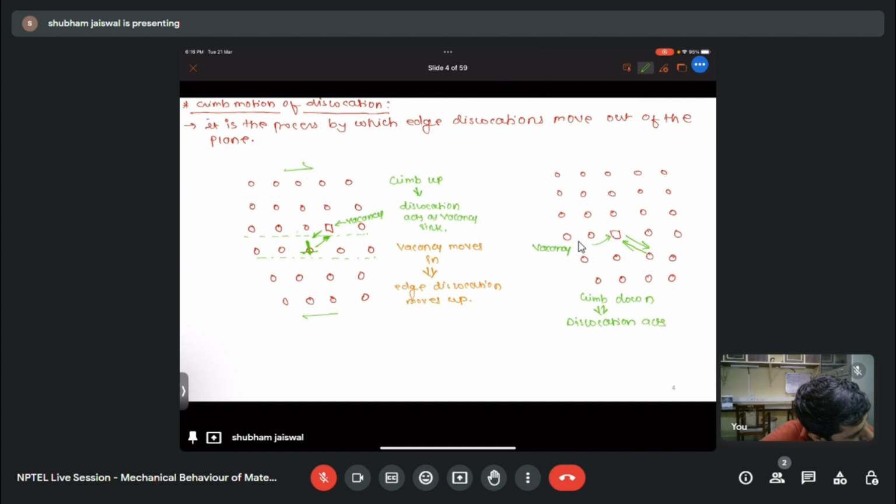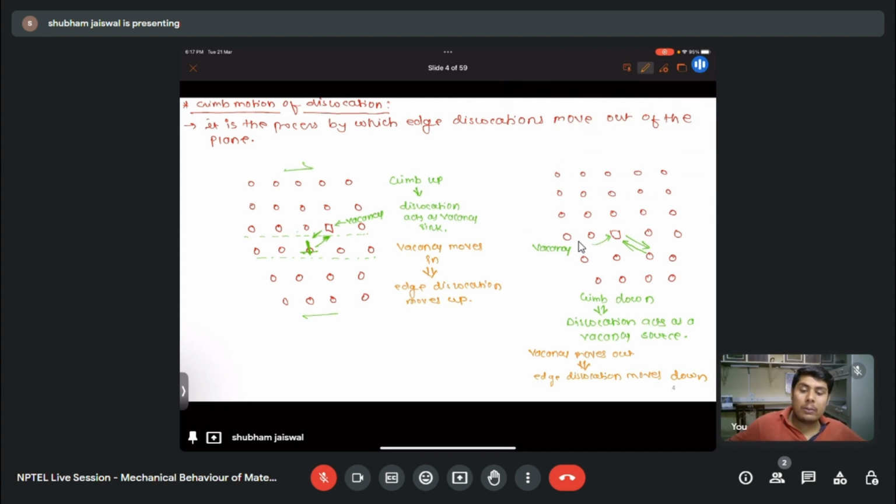And here in this case the vacancy is moving out of the plane and going inside the matrix, and hence the dislocation is moving down. This is the climb motion of dislocation.